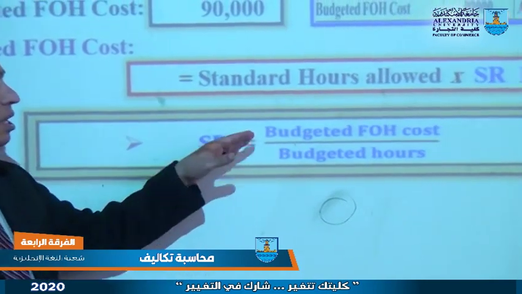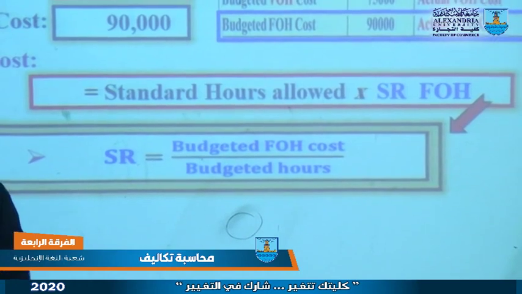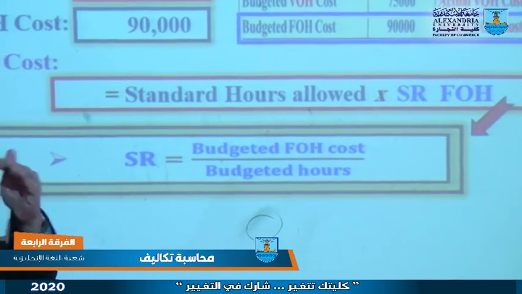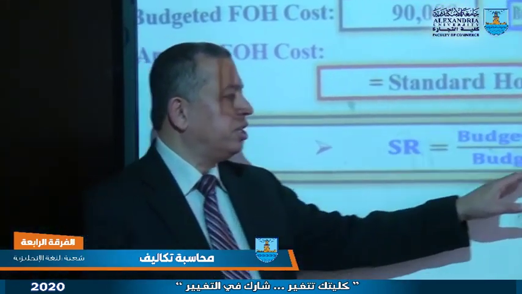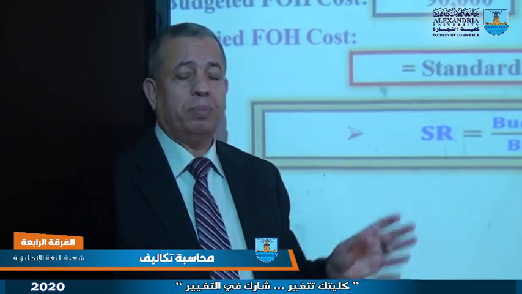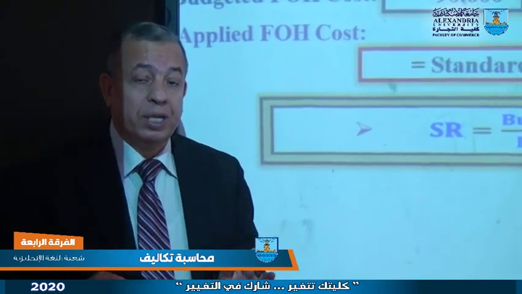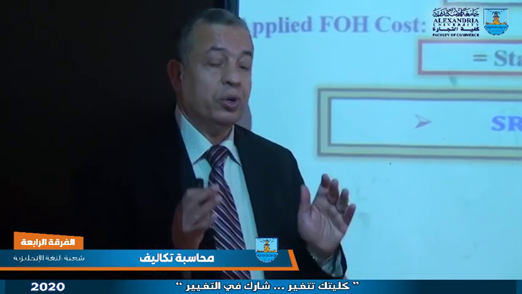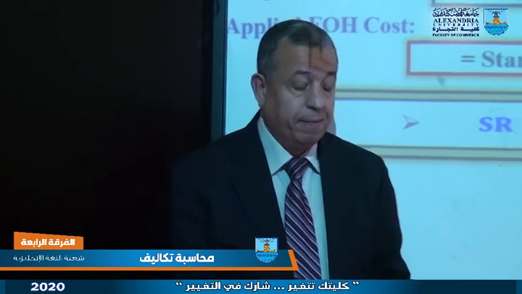Here, estimated overhead, I mean estimated or budget only fixed. And estimated activity base, here I mean budgeted hours. According to my problem here, I speak about direct labor hours. But to prepare the budget, maybe I told you before, you use direct labor hours or machine hours, okay?